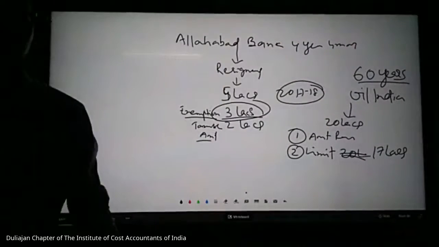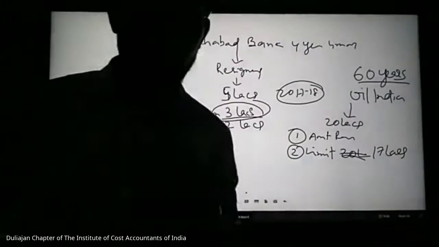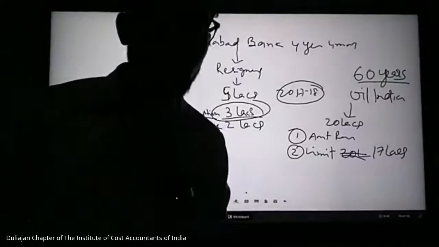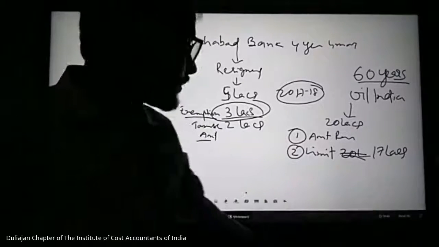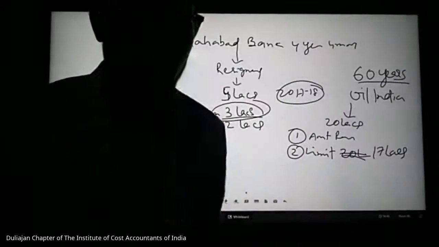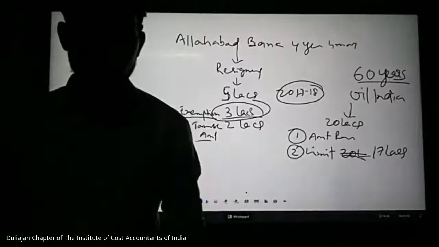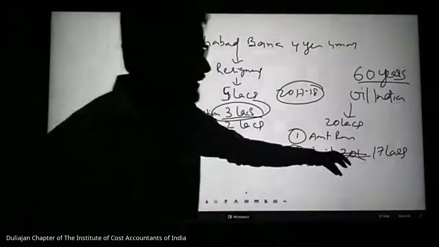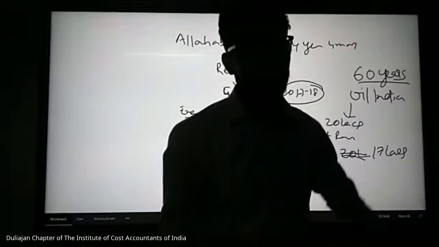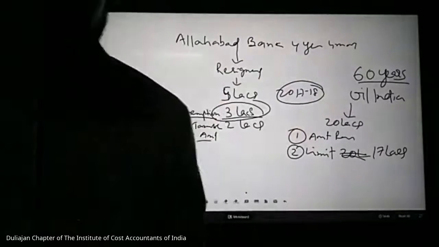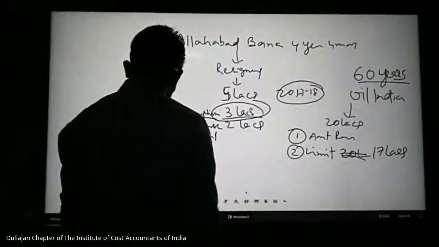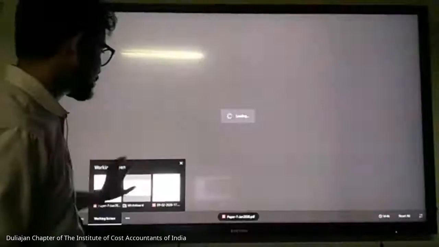But during your service you might be working in 2-3 companies and receiving gratuity from those companies as well. So whatever amount you have availed as exemption will be reduced from the 20 lakhs limit. I hope you are getting my point. Okay, now let us proceed.